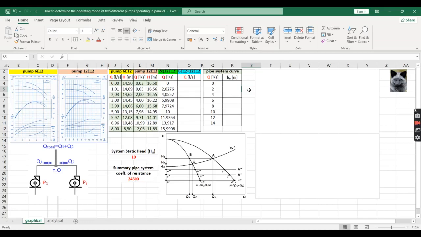So, for each of the set flow rates, the total head energy loss in the pipe system should be calculated. For this aim, we have to take into account that there is a static head in the system which remains constant.